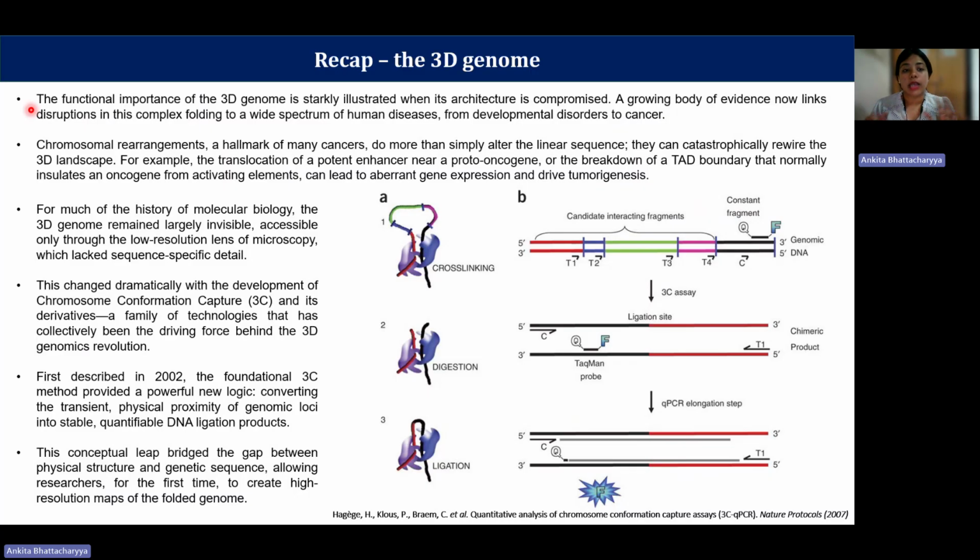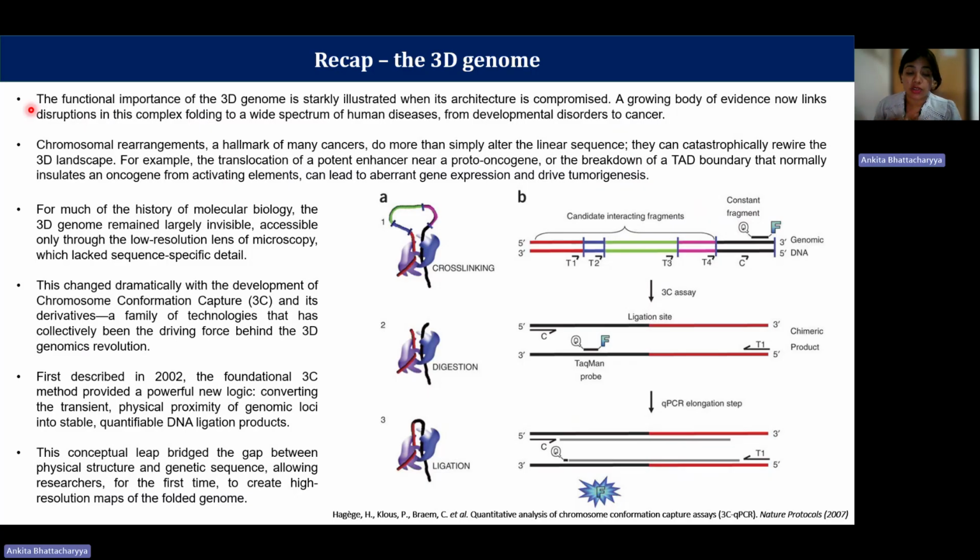And these activating elements are usually protected or kept away from oncogenes, so that tumorigenesis can be to some extent kept at bay. And for much of the history of molecular biology, the 3D genome has remained largely invisible, accessible only through the low resolution lens of microscopy, which lacks any sequence specific detail.